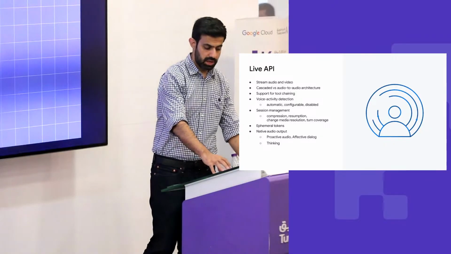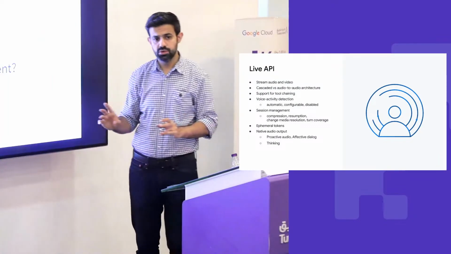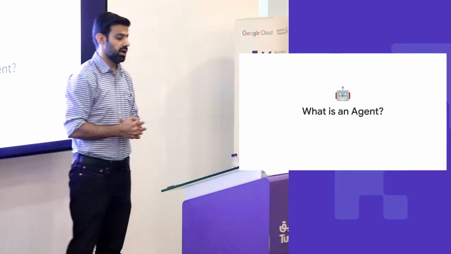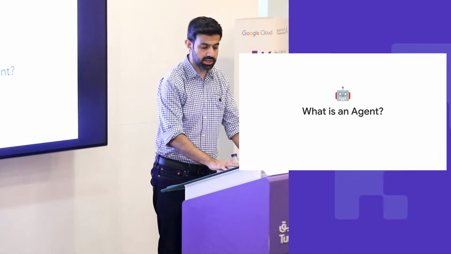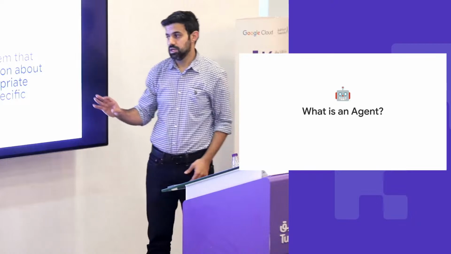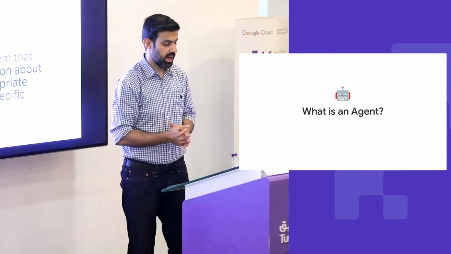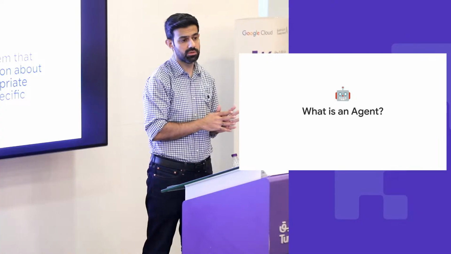That's where I want to skip some of these to go into that question again: what is an agent? And the reason for this is I want to show you how to start building these agents. So an agent is a system that uses a model to reason and select the appropriate tool to achieve a goal.